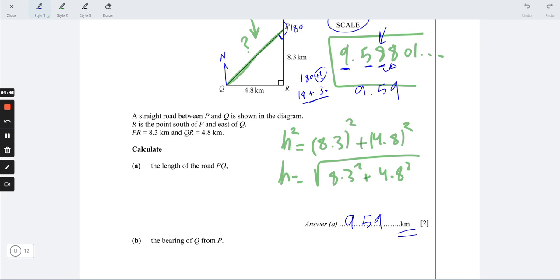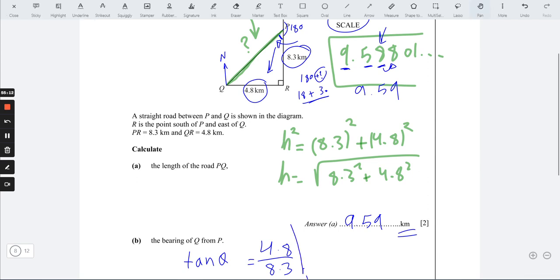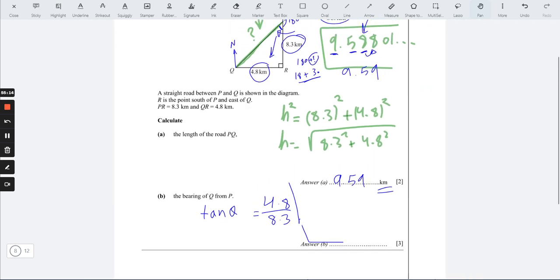To find the angle here, it's a right angled triangle. The known sides are here and here, so opposite to this angle over adjacent, so 4.8 divided by 8.3, and this comes from tan theta equals 4.8 by 8.3.